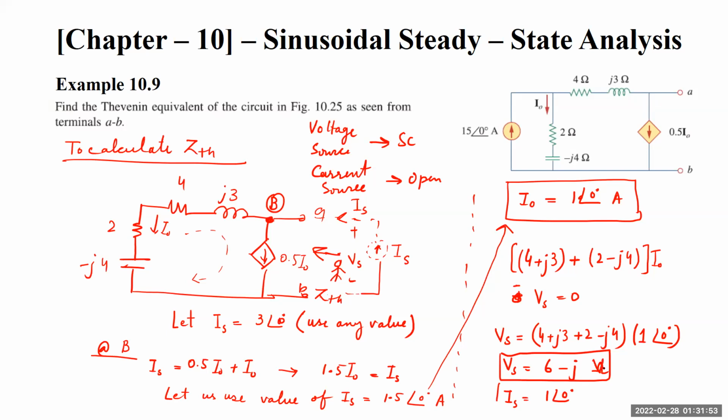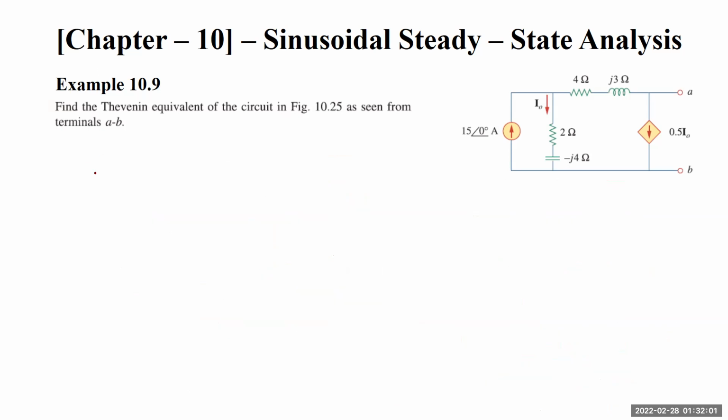So my value of Z Thevenin will be Vs divided by Is, which is 6 minus j divided by 1 angle 0. This value will be equal to 6 minus j ohms. So this will be the value of Z Thevenin.